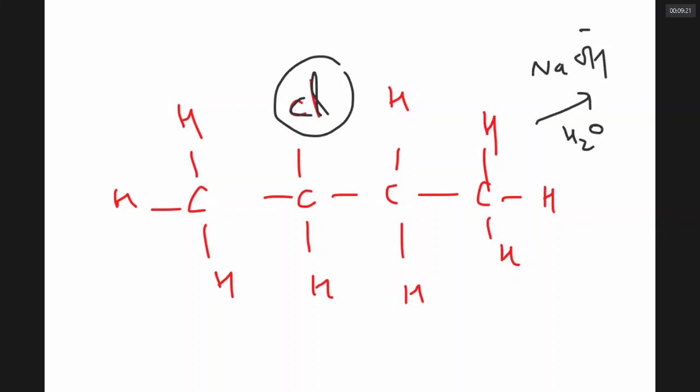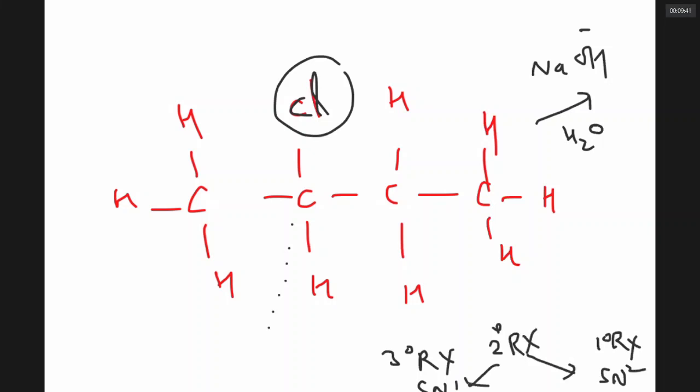As Cl is going, the OH is coming from backside. Then that is called SN2. Both are possible. It is a secondary alkyl halide. For tertiary alkyl halide, only SN1. For primary alkyl halide, only SN2. For secondary alkyl halide, option can be this or this, depending on solvent. So anyway, always this is a possibility.